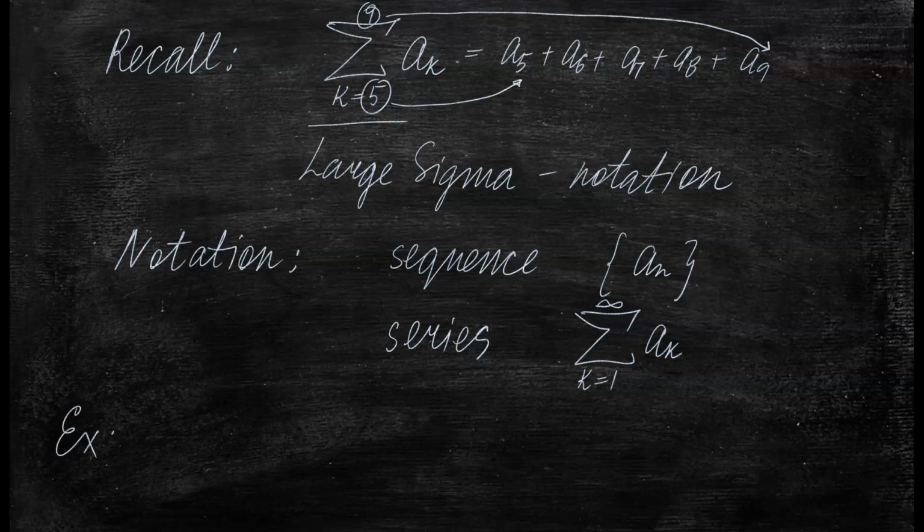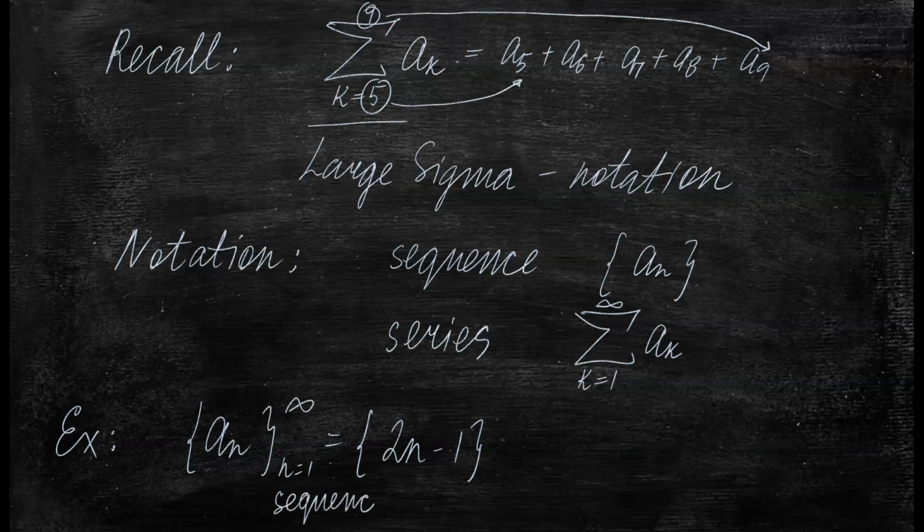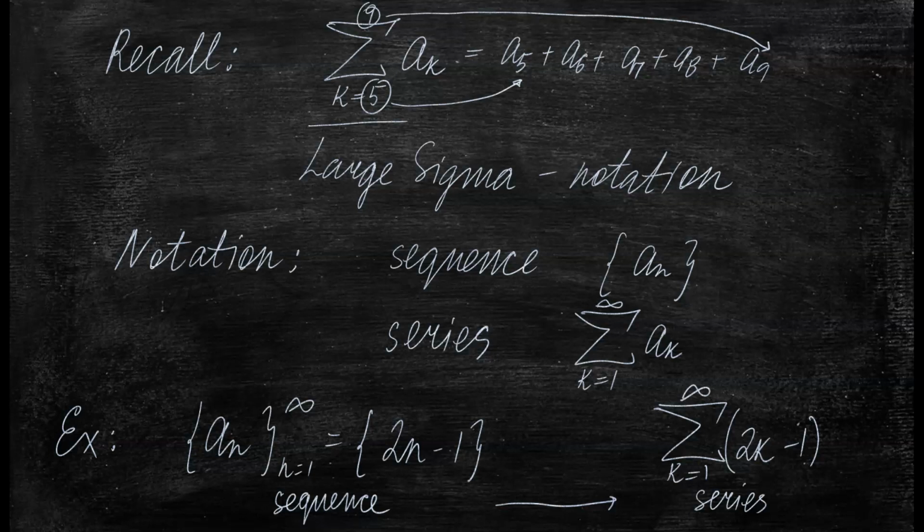Again, for example, if we have a sequence a_n defined by a formula like this, this is a sequence. Now for this sequence we can create a series like this, and we can use the same letter, but we don't have to, so we can write the series this way.